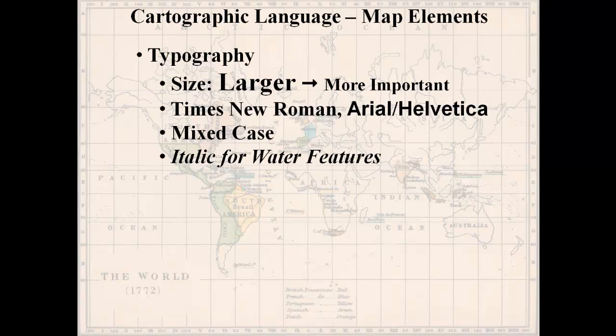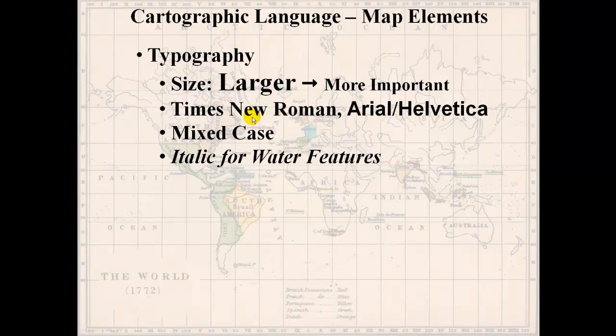Okay, typography. The general rule is larger type is more important than smaller type. There have always been debates about whether serif fonts are preferred to sans serif fonts. In general, in reading blocks of text, serif is better and easier for the reader to understand than sans serif.